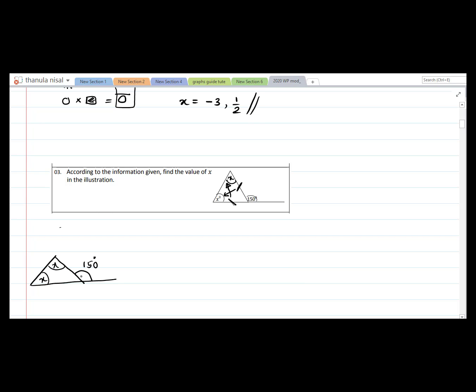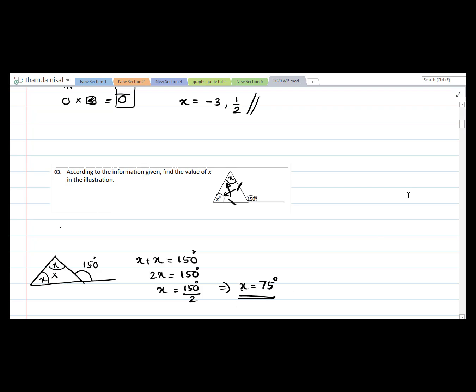What can you say about these three angles? The sum of these two must be equal to this exterior angle. That means the exterior angle is equal to the sum of its interior opposite angles. Therefore, x plus x is equal to 150. 2 times x equals 150. Therefore, x equals 150 over 2. That is x equals 75 degrees is the answer.